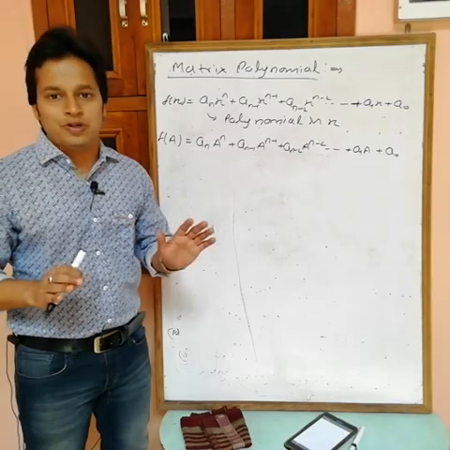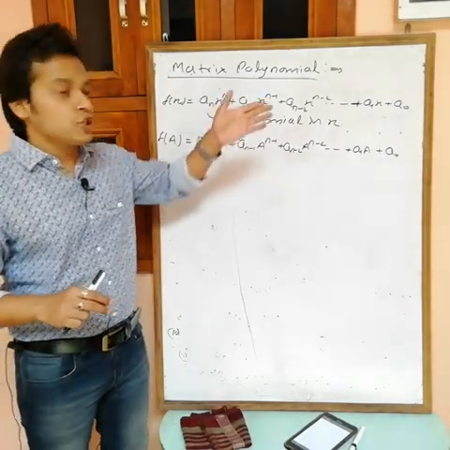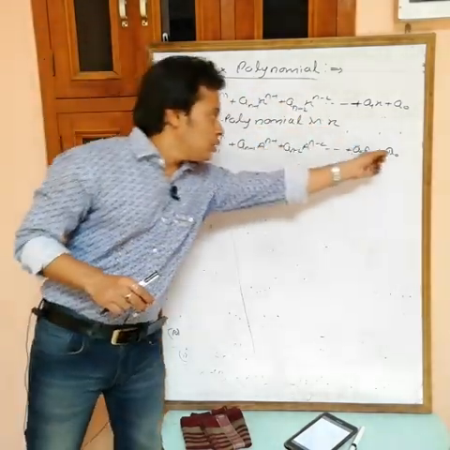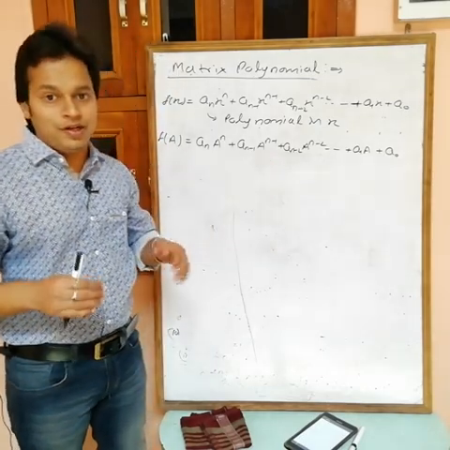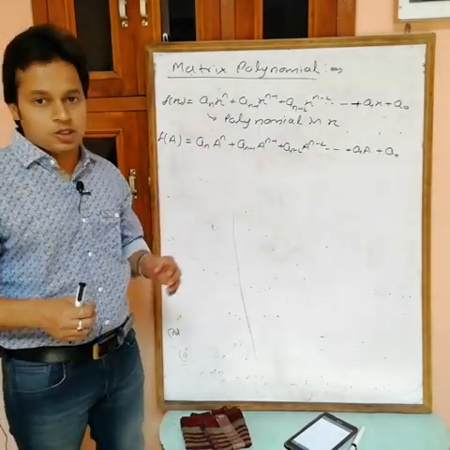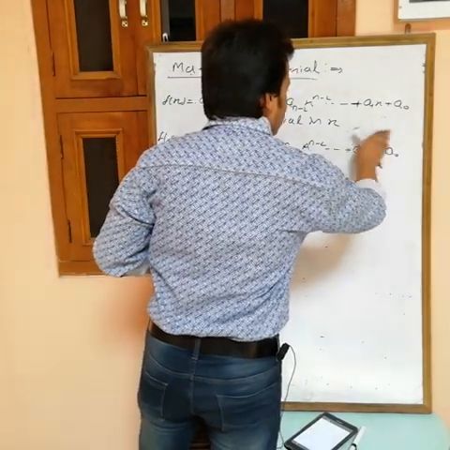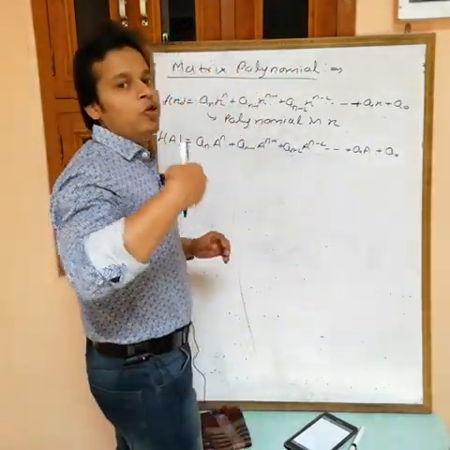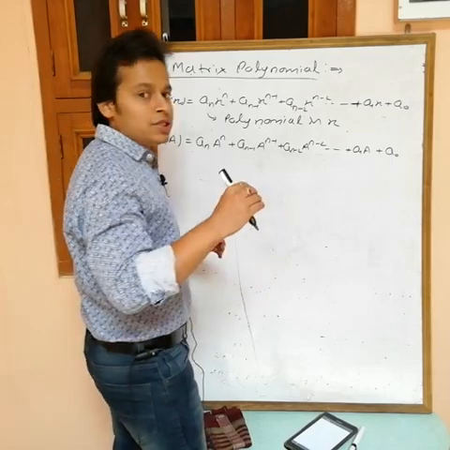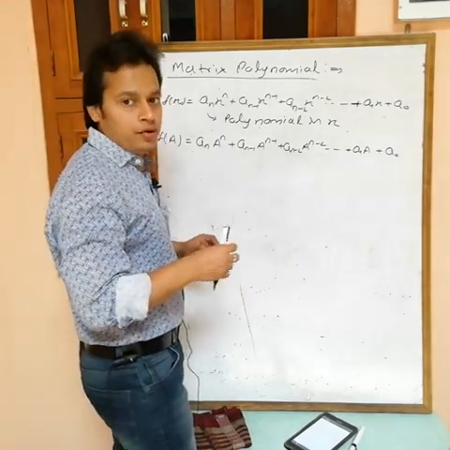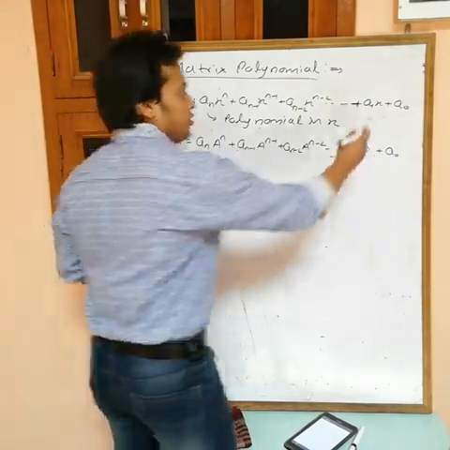Now it is not possible like this. This must be a matrix term. Every term must be a matrix, then you will get a matrix polynomial. So in a polynomial, if you have only a constant term, then write it as a0 into I, because here we didn't have any x.